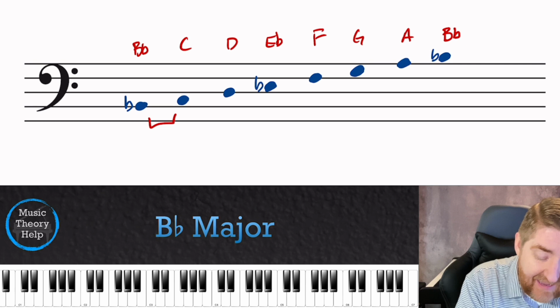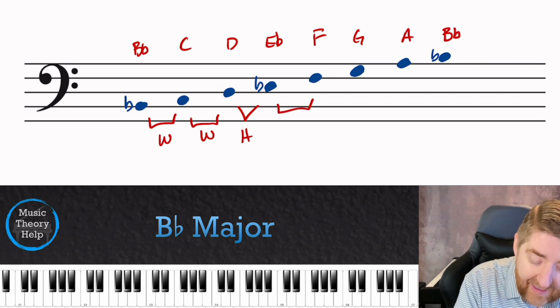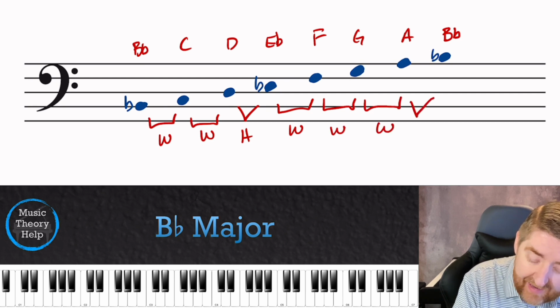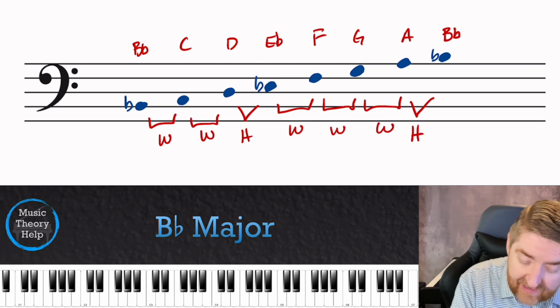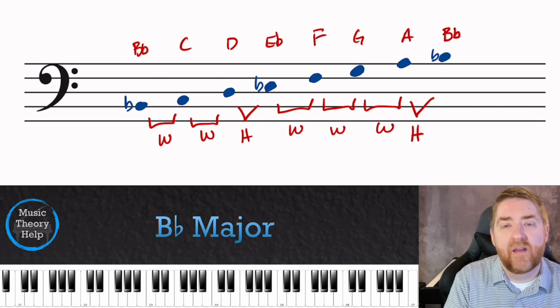From B flat to C is a whole step, from C to D is a whole step, from D to E flat is a half step, E flat to F is a whole step, F to G is a whole step, G to A is a whole step, and A to B flat is a half step. Same thing, note letter names in order and our pattern of whole steps and half steps.